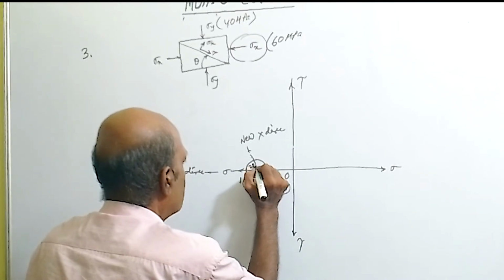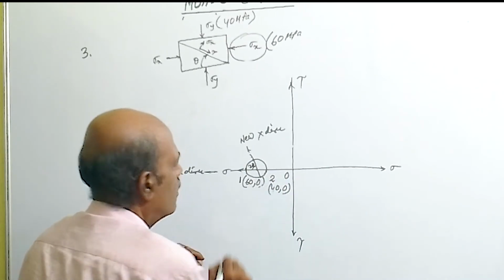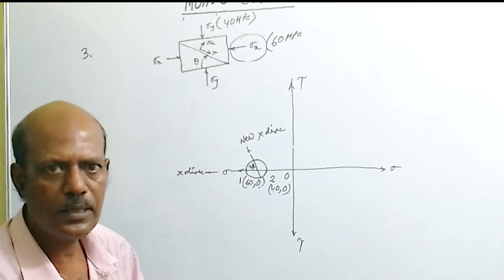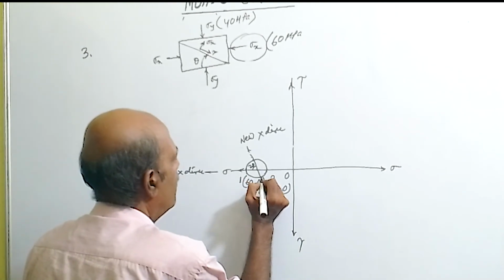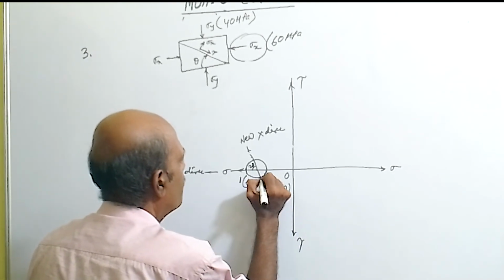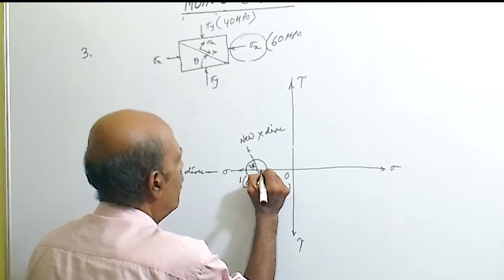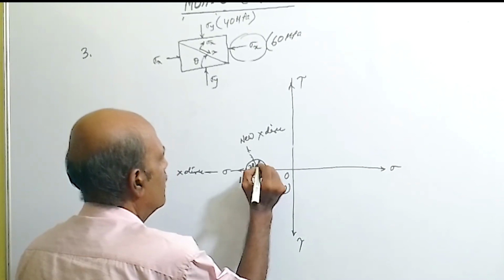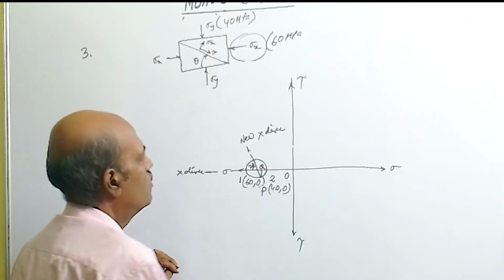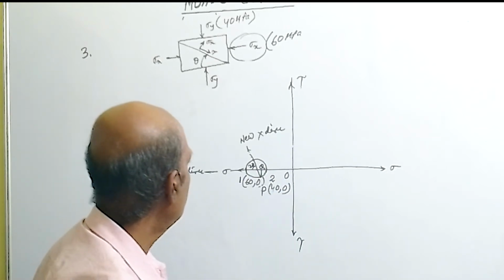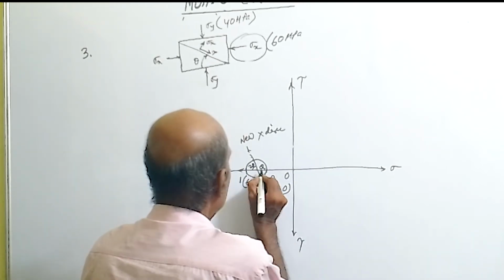Extend the line of the new x direction so that it touches the other side of the circle. Mark this point as P point, and from P drop a perpendicular on the sigma axis. That point is Q. Now you can measure easily.